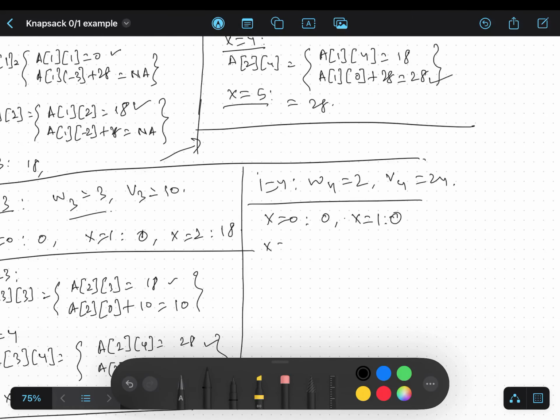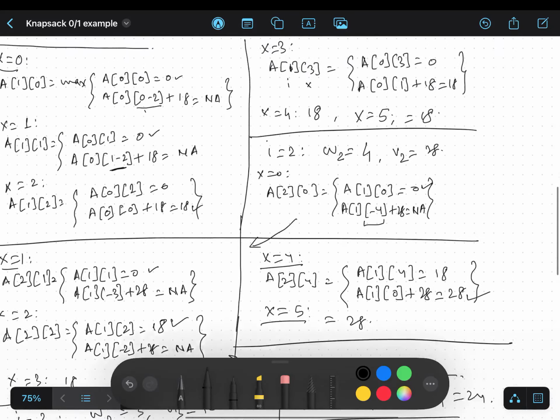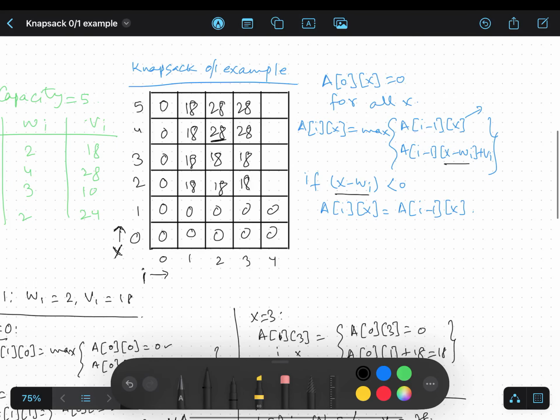So then x is equal to 2. Then A[i][x] is equal to max of A[i-1], which is 3, and x is equal to 2, 3, 2. So 3, 2 is 18.